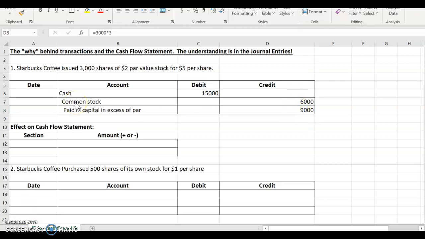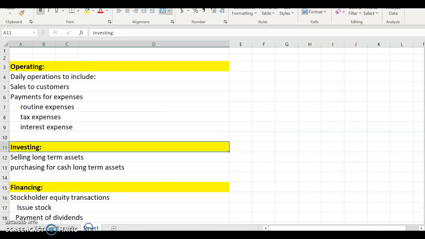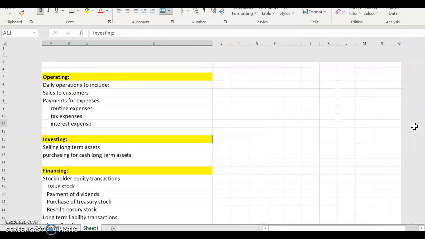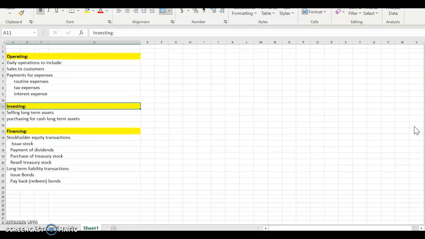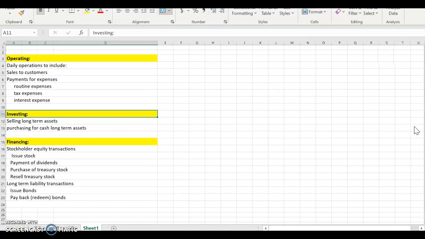Okay, let's talk about why we credited what we did. Cash needed to go up because our company got cash. We make an asset go up with the debit. All the capital accounts have a normal credit balance, so they went up with credits. So what does this do for a cash flow statement? If we have memorized what goes on a cash flow statement, we are talking about the stockholder equity transactions, which is stockholders equity is down here in the financing section.